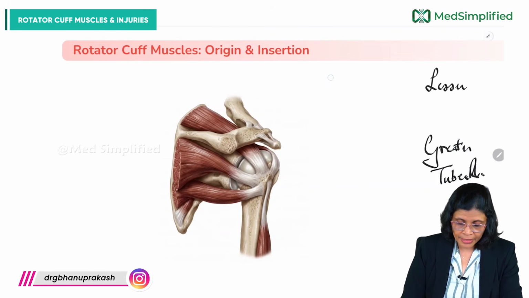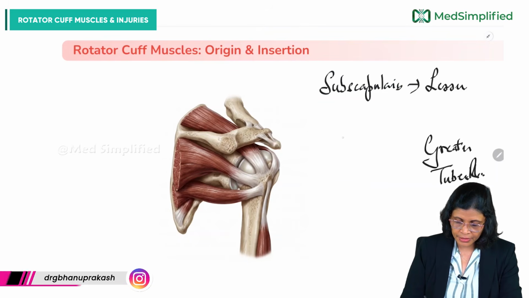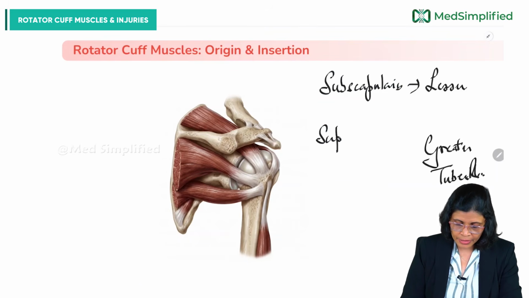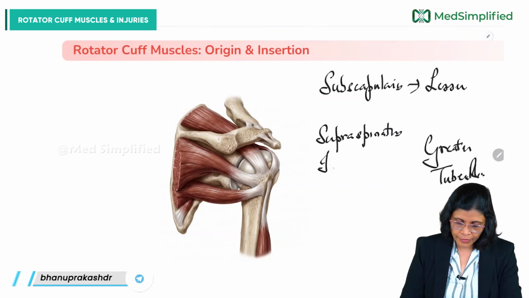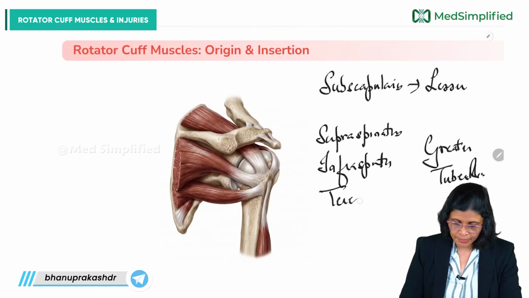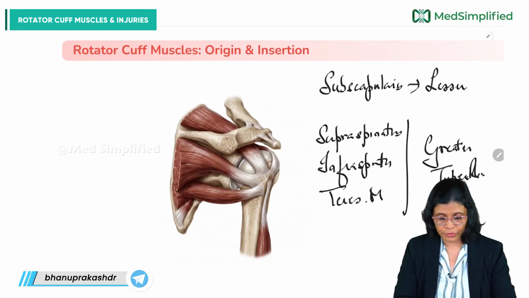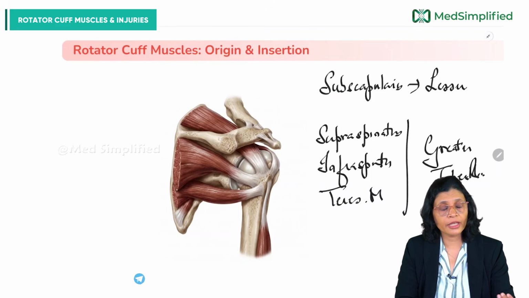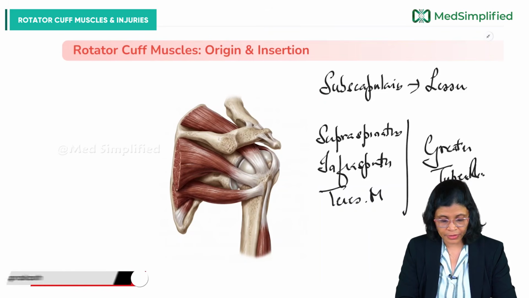The subscapularis muscle is inserted to the lesser tubercle, whereas the supraspinatus, the infraspinatus, as well as the teres minor are inserted to the greater tubercle. So subscapularis comes from the costal surface of the scapula and gets inserted to the lesser tubercle.